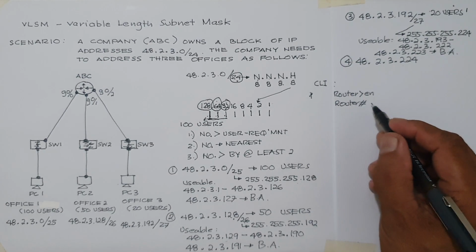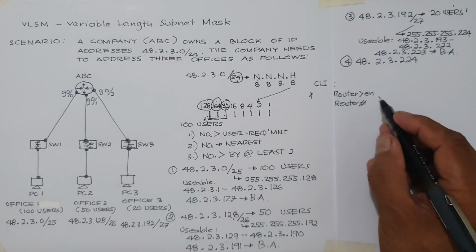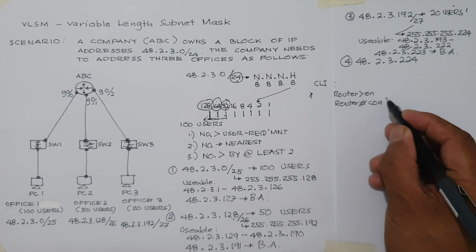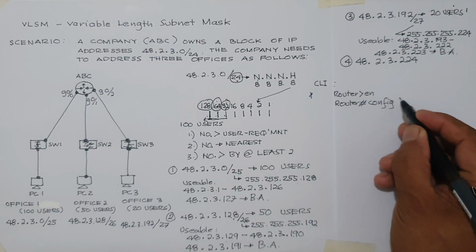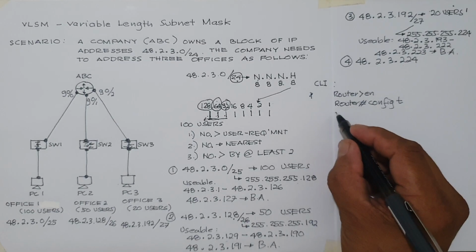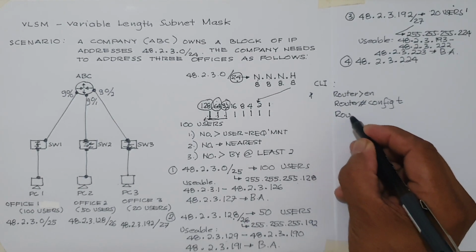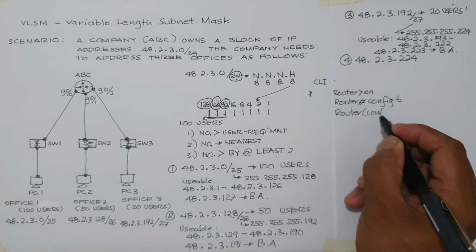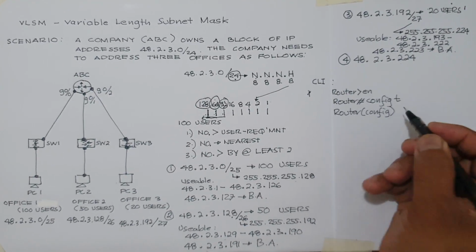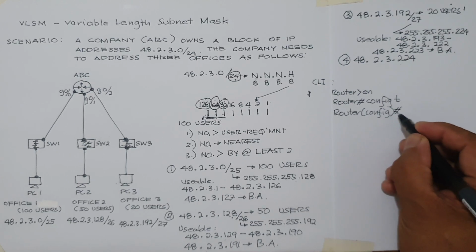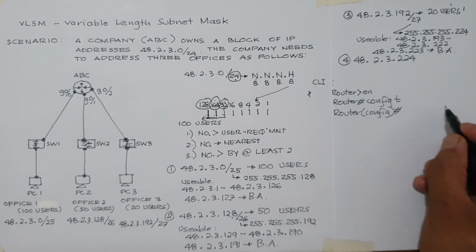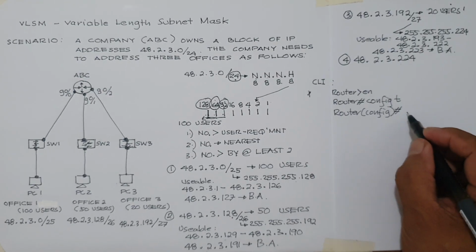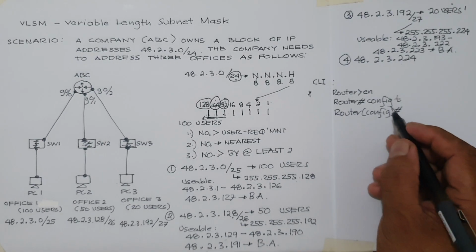In the privileged mode, you type config t, which is short for configure terminal, and this now becomes Router(config)#, which is an indication that we are at the global configuration mode. At the global mode, whatever command you issue will affect the entire router.